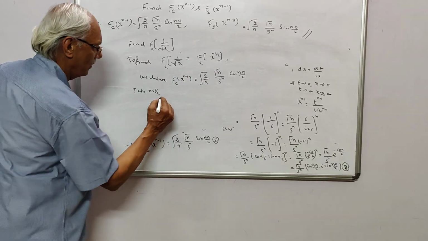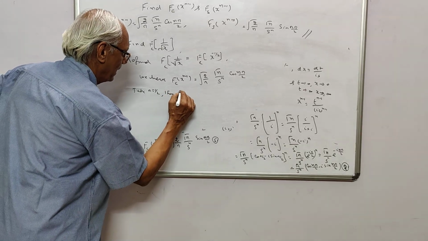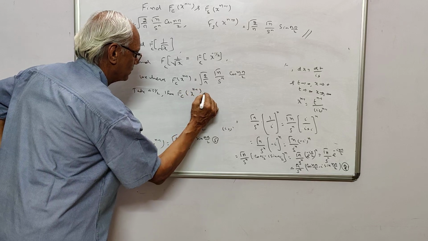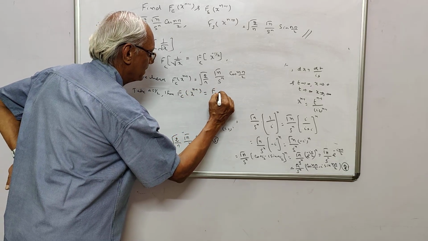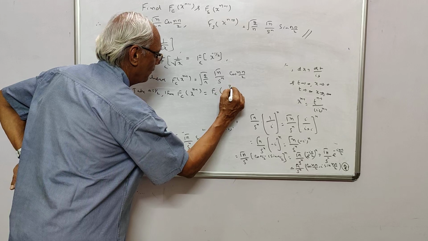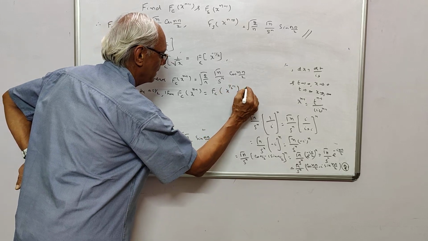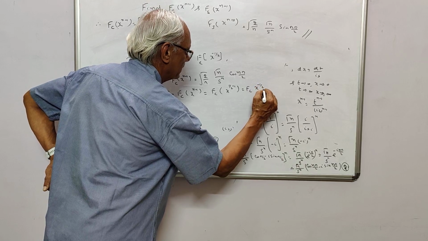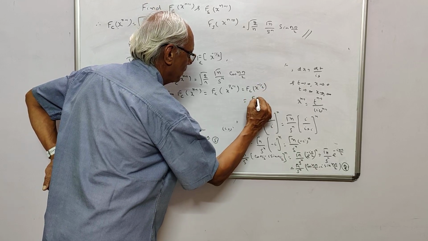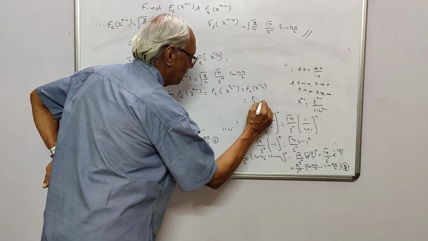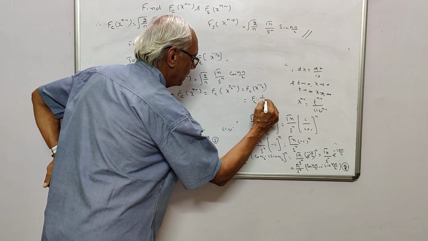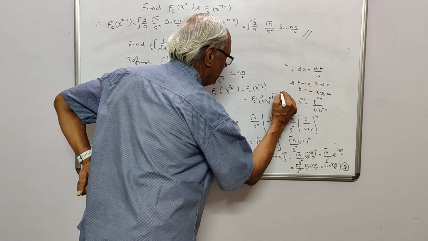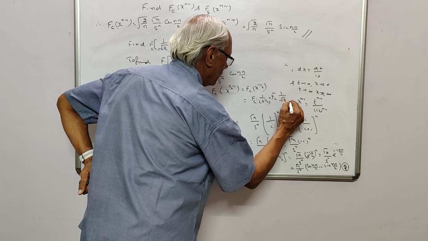So take n is equal to half, then Fc of x to the power of n minus 1 is equal to Fc of x to the power of half minus 1, that is equal to Fc of x to the power of minus half, that is equal to Fc of 1 by x to the power of half, that is equal to Fc of 1 by square root of x.